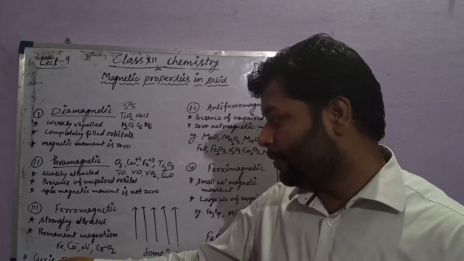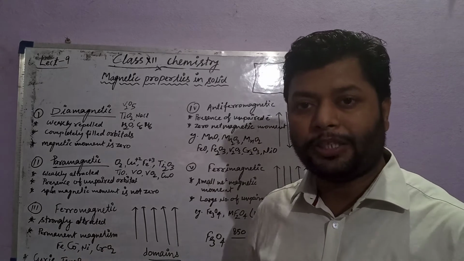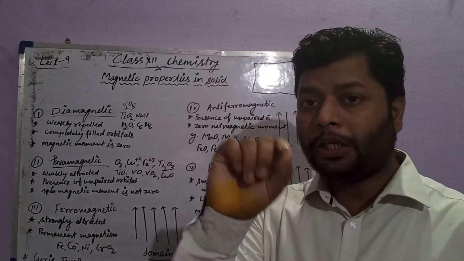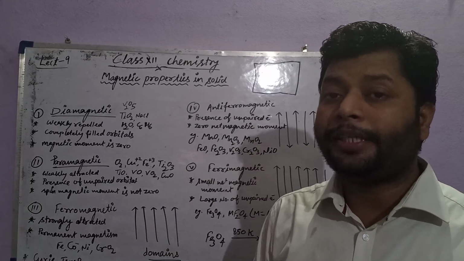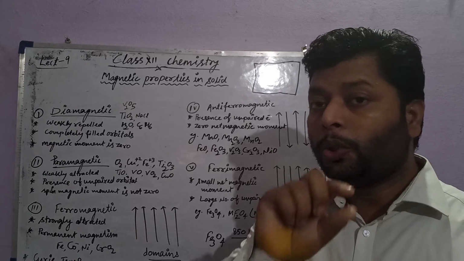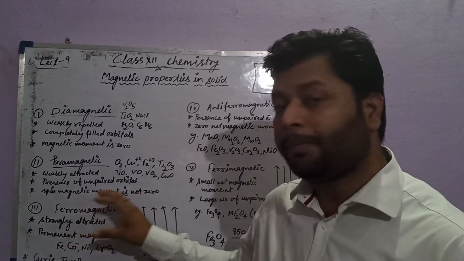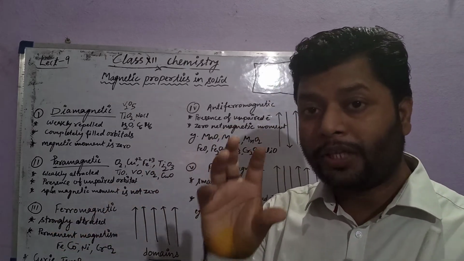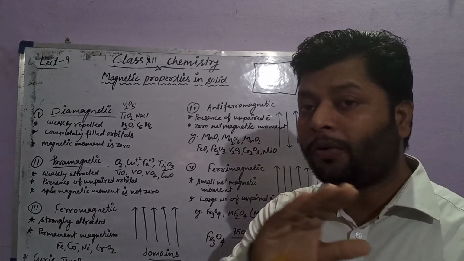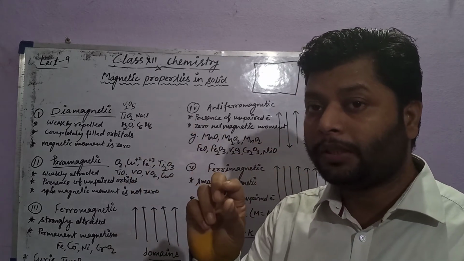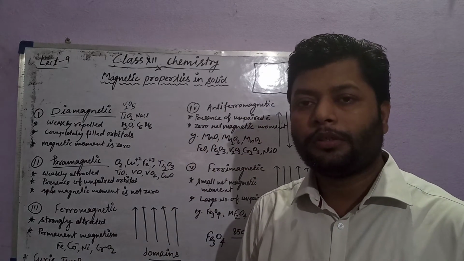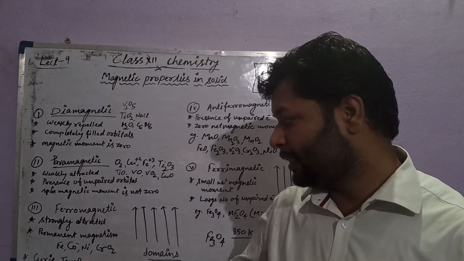I am writing one word also, Curie temperature. Learn this point and, if possible, note it down. The temperature above which no ferromagnetic behavior is observed is called the Curie temperature.